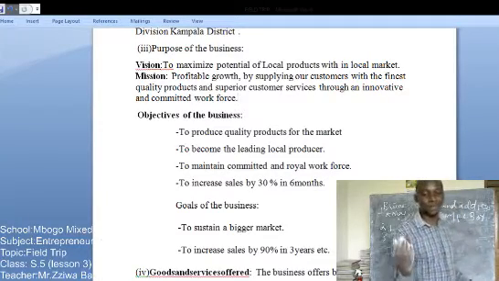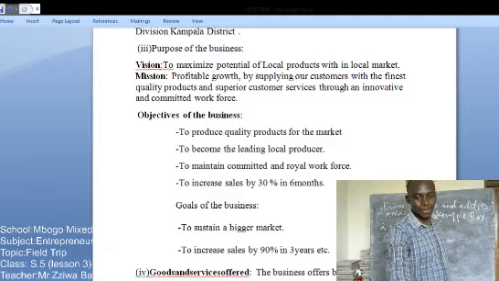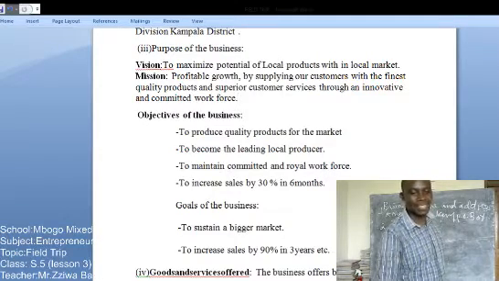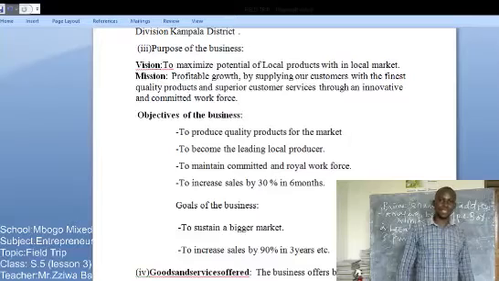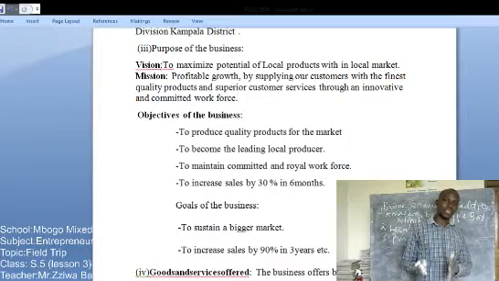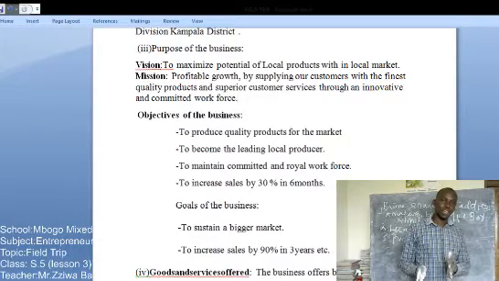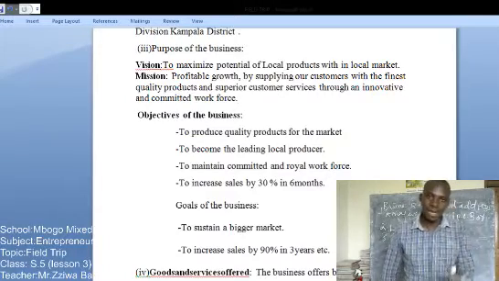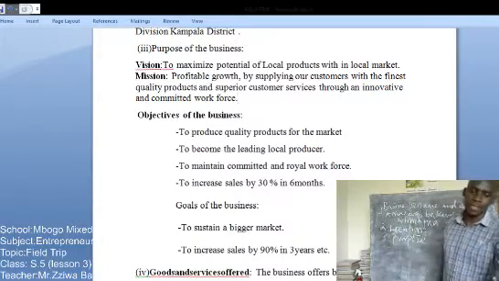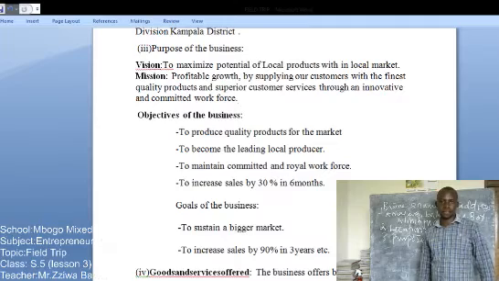Remember, we had given profitability and sales in the first case when looking at objectives. So the difference is in the time frame. Objectives are always given in months, and goals take years.